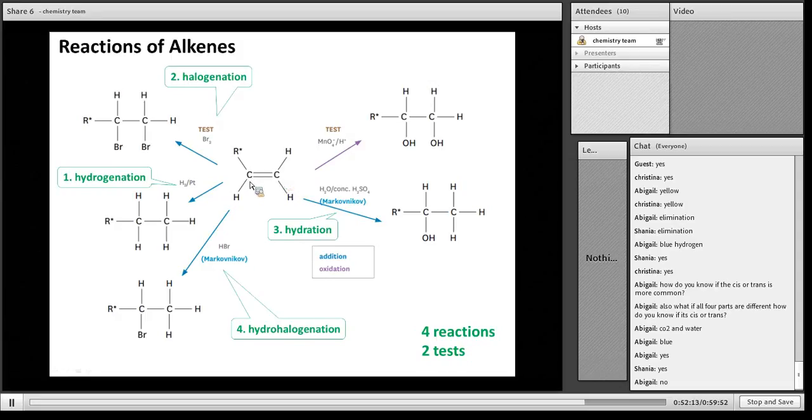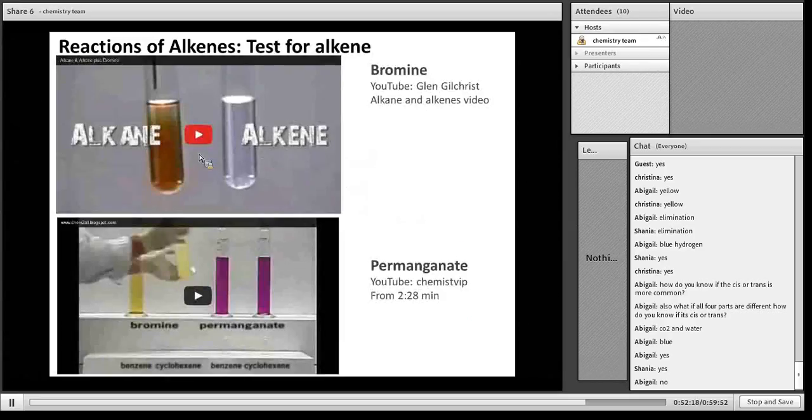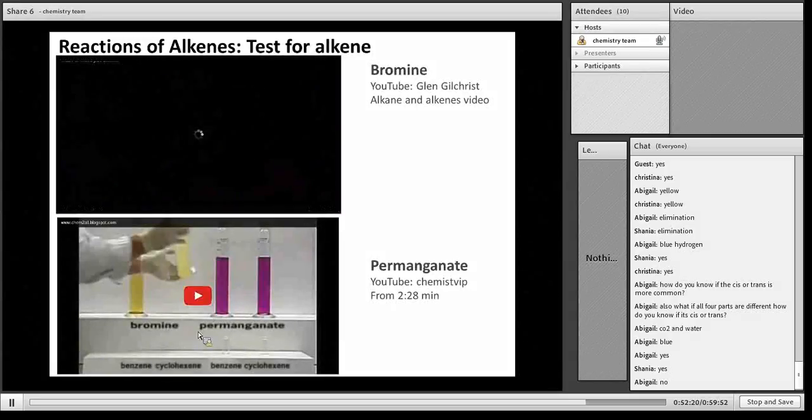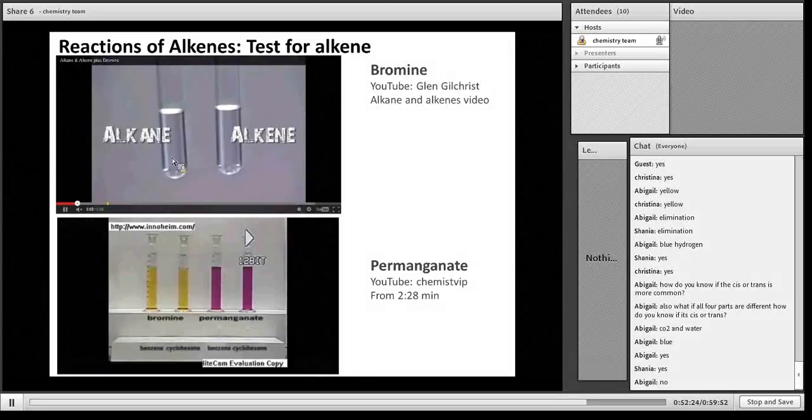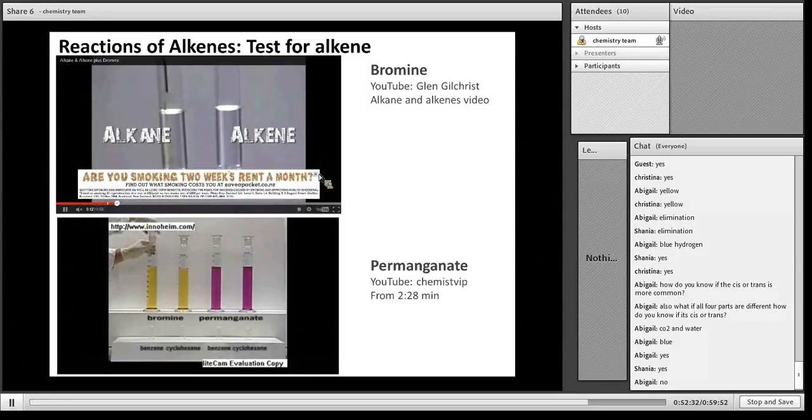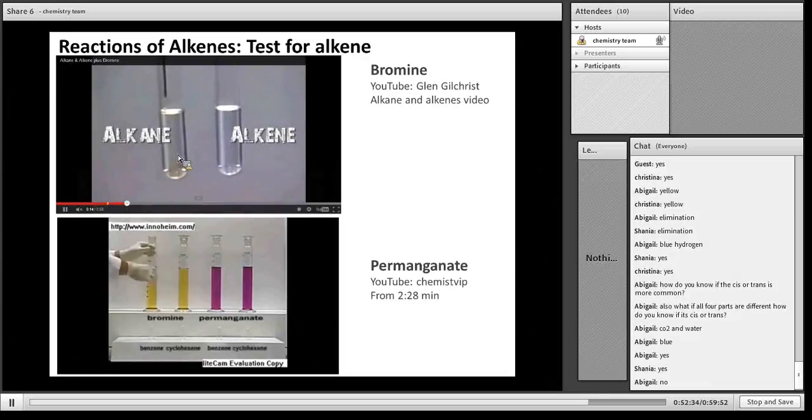Then, as I say, there are 2 tests, and so we're going to show it here, and I'm just going to bring it up. Okay, this is an alkane. So remember, alkanes don't undergo this halogenation. Well, it does undergo a halogenation reaction, and it needs UV light, and it's a lot slower. So if you leave this brown bromine, it will eventually go colorless.